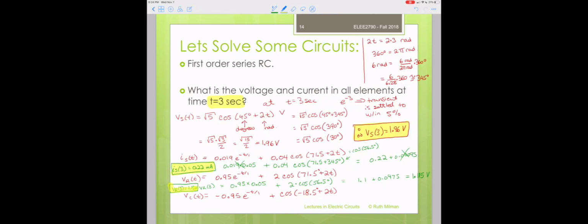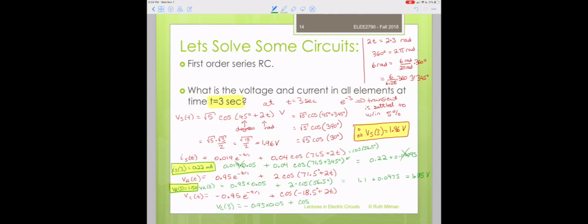And lastly, we're going to calculate the voltage over the capacitor at the same time. So the voltage of the capacitor at time t equals 3 is going to equal negative 0.95 times 0.05 plus the cosine of, and this time I have something that's a little bit different because 18.5 is 90 degrees out of phase with everything else.